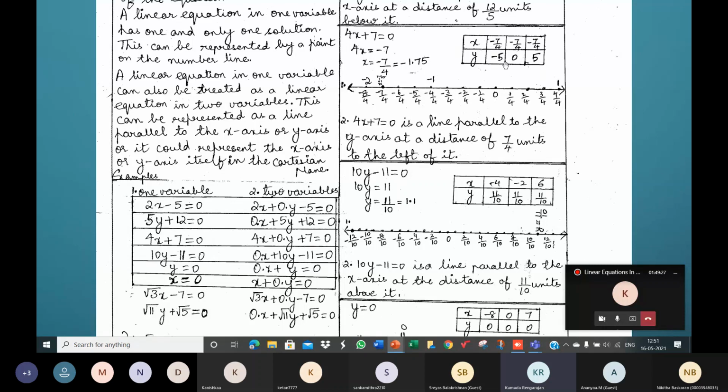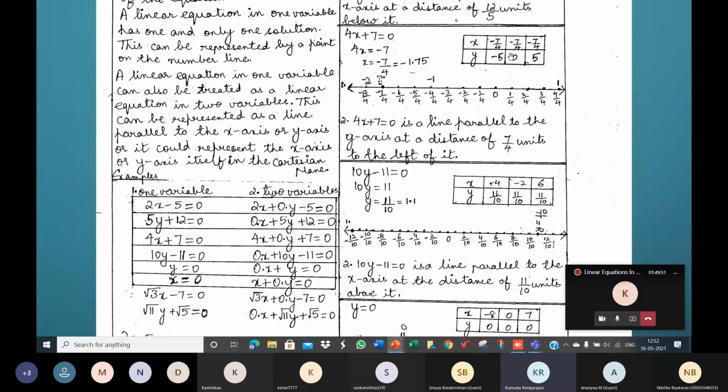I've just taken minus 5, 0, 5 for a change. In this equation, in place of y, use any value. You will see that x will always be minus 7/4. So this is the table. Quickly plot these points.